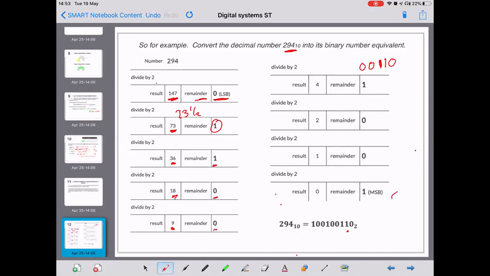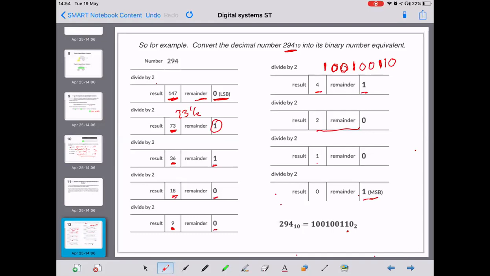We divide 9 by 2, we get 4, remainder 1. We divide 4 by 2, no remainder. We divide 2 by 2, we get 1 with no remainder. We divide 1 by 2, we get 0 remainder 1.